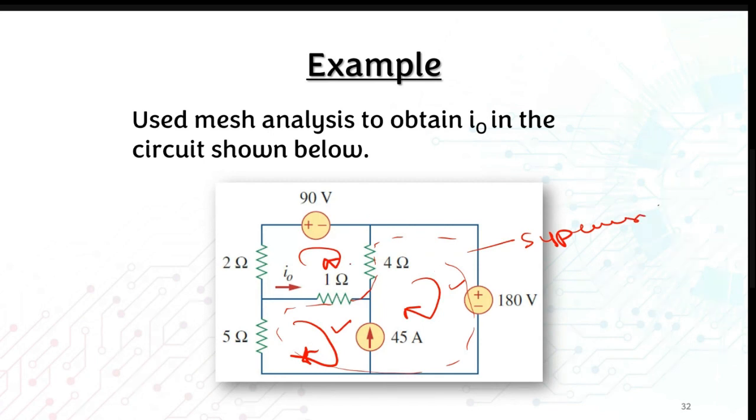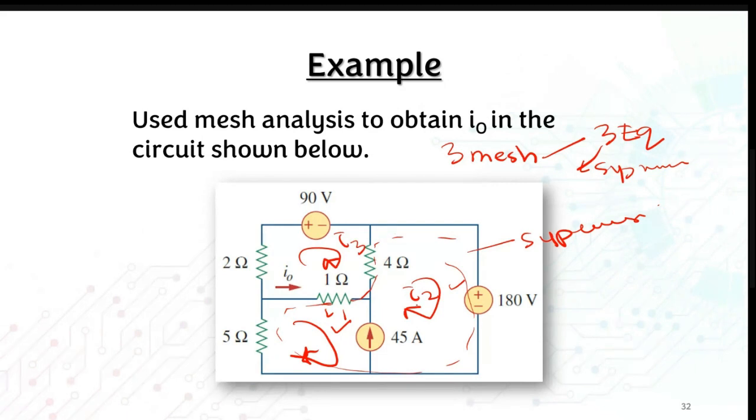Okay, so you have three meshes, which means you need three equations, and these three equations come from this combination of the super mesh. Let's say this is I1, I2 and I3. One equation comes from the super mesh, the combination of meshes I1 and I2.